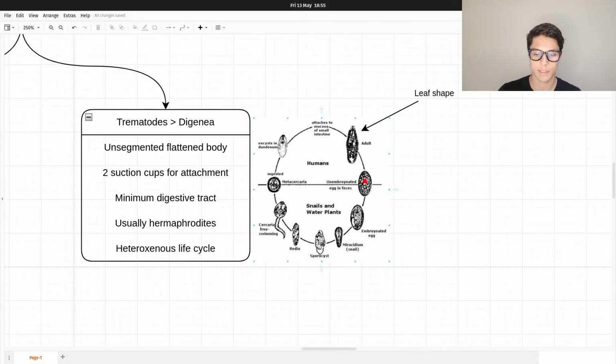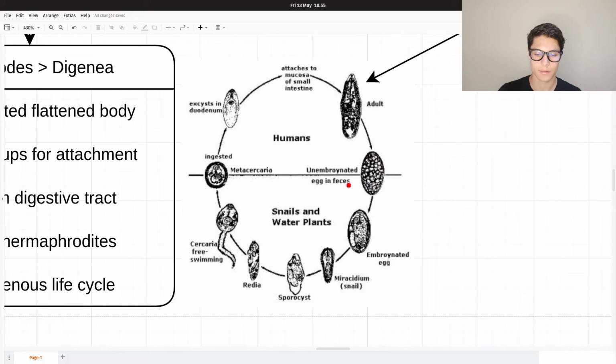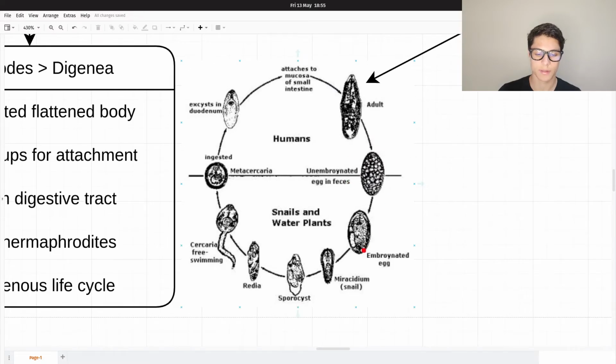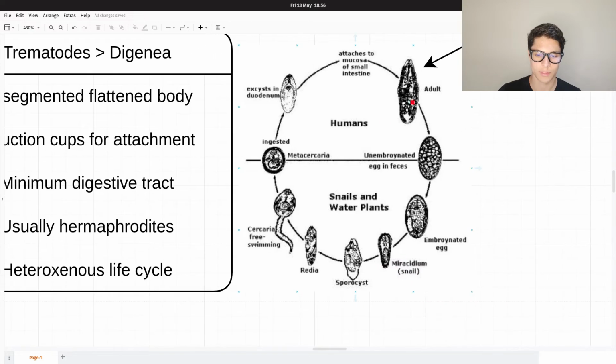Their peculiarity is that their cycle is very complex, and it is very important indeed, because they start as, for example here, an embryonated egg in feces. From the embryonated eggs we have the miracidium, and then the miracidium will be ingested by a snail. We need a snail for this cycle to happen. That's why it is heteroxenous.